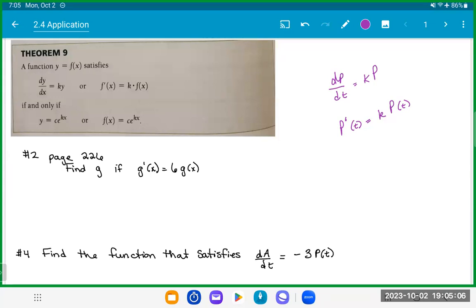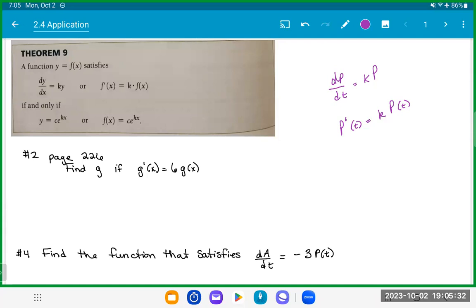Okay, so whether we're talking about population or bacteria that might be growing, or money that we're investing, whatever that might be, we're not inhibited, right? But the problem is we can't grow a population exponentially forever and ever.